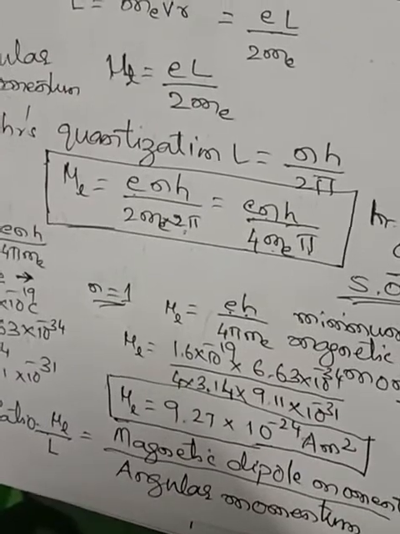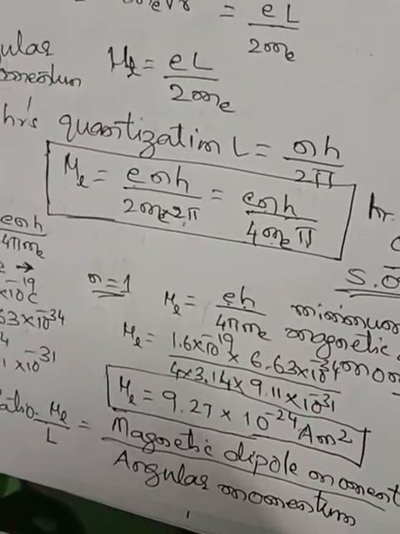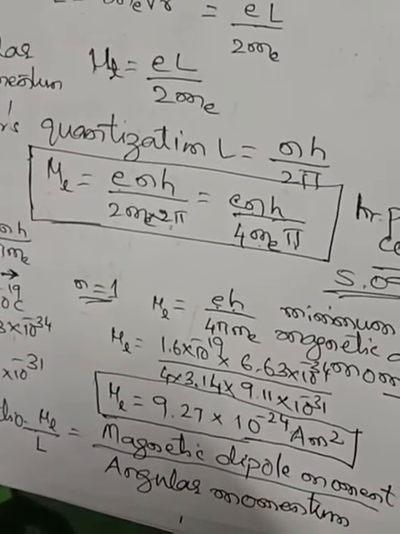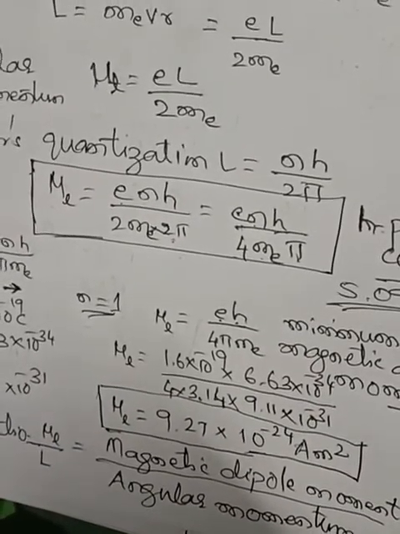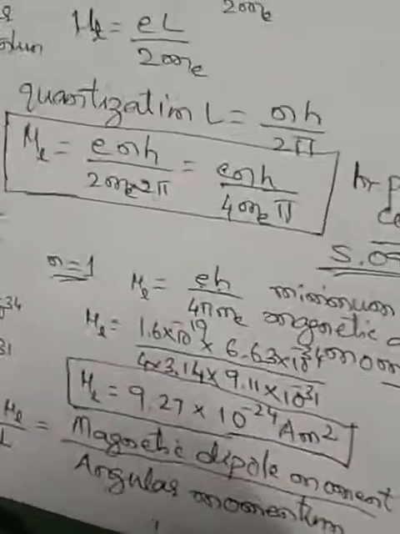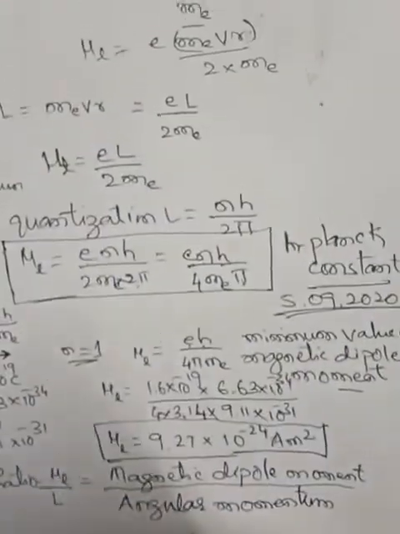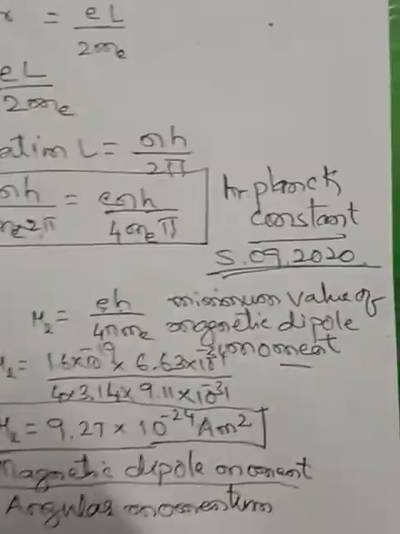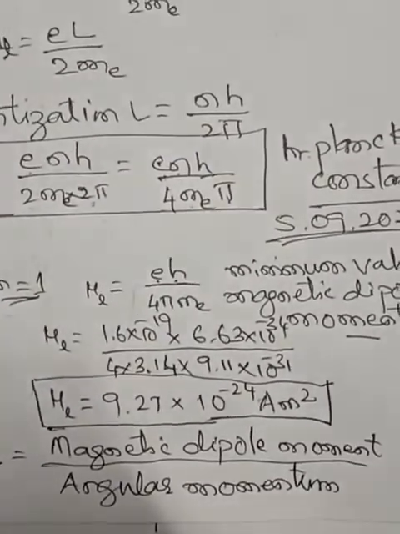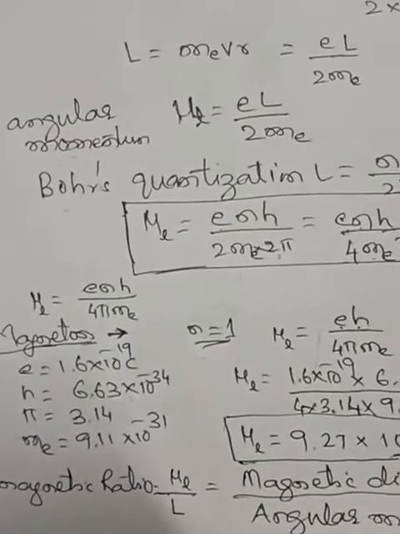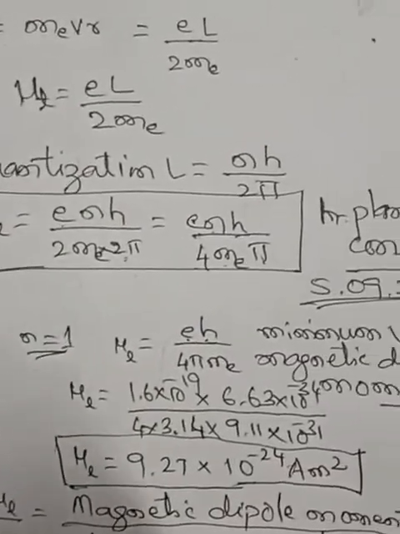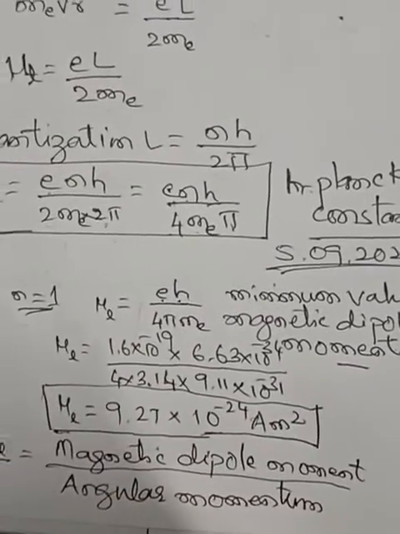So this is called the gyromagnetic ratio. So this is complete. Yesterday we started this derivation, and today this topic has been completed. So this is Bohr magneton and gyromagnetic ratio. So 4.10 is completed. The next section we have to start today is 4.11.